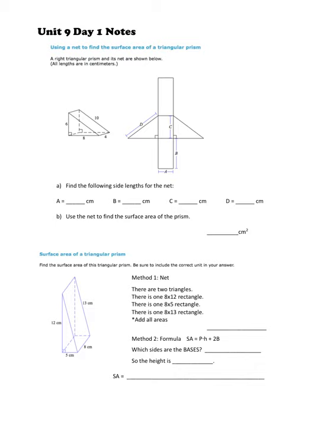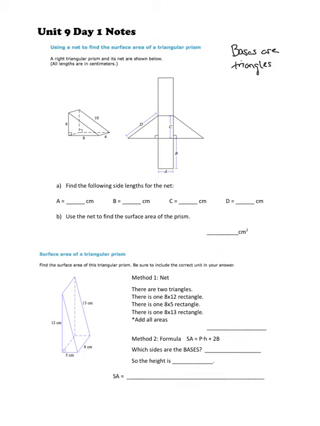Now to confuse you a little bit, we're going to throw in a triangular prism. And I don't know if you're like me. I have a difficult time seeing things exploded out. It's just a visual thing. I'm going to show you a couple things. A triangular prism. The bases are triangles. We call it a triangular prism because it is named by the bases, which I said a little bit earlier in the notes.